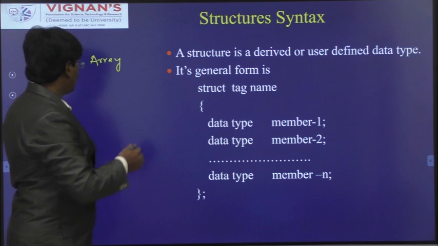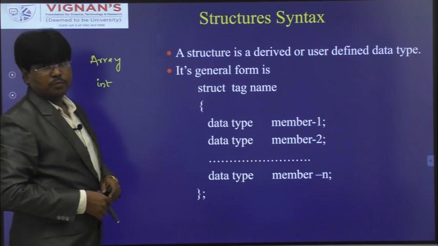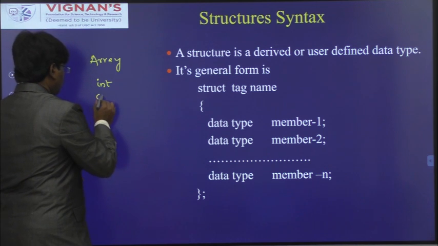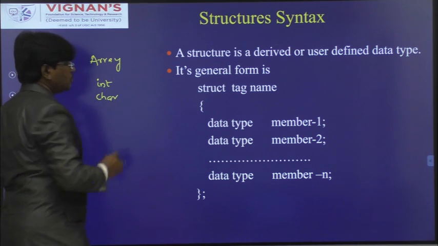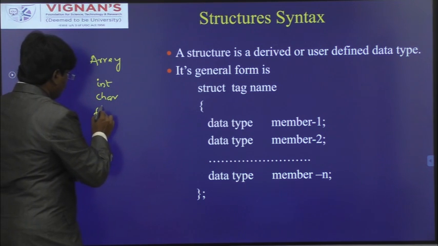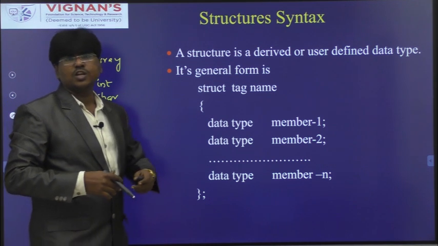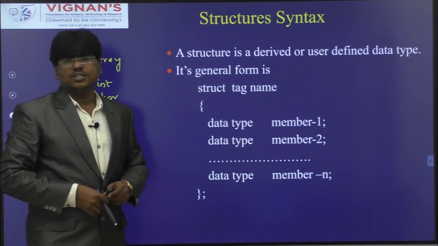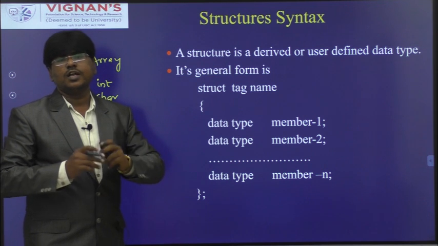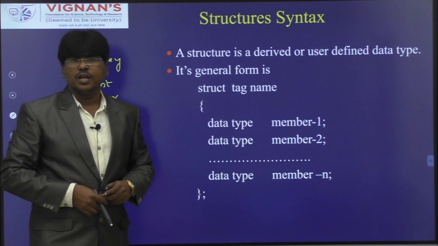For example, if you want to group integer data elements, we can group them with the help of arrays. If you want to group character data elements, we can group them with arrays. If you want to group float type data elements, we can use arrays. So arrays are used to group similar data elements into one particular memory location. That we have discussed in the concept of arrays.